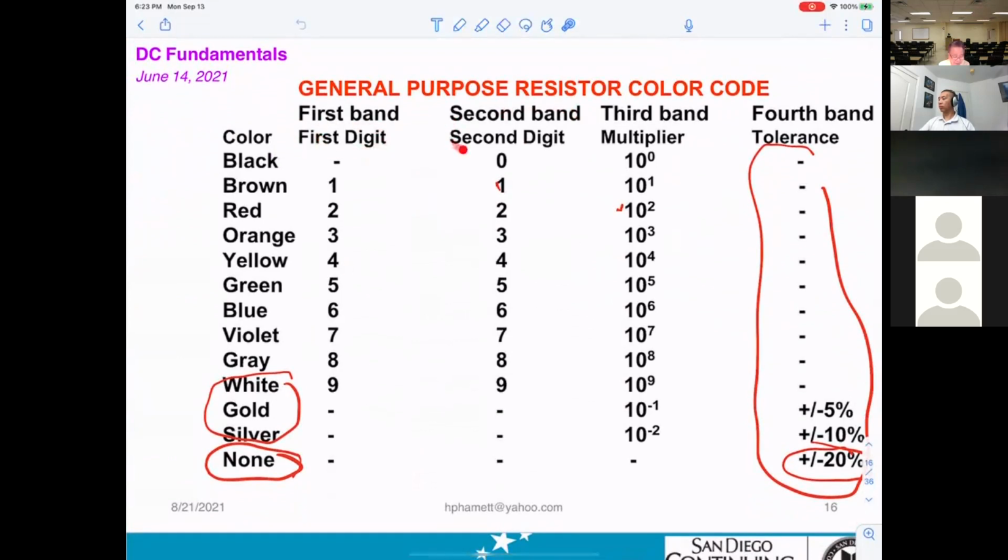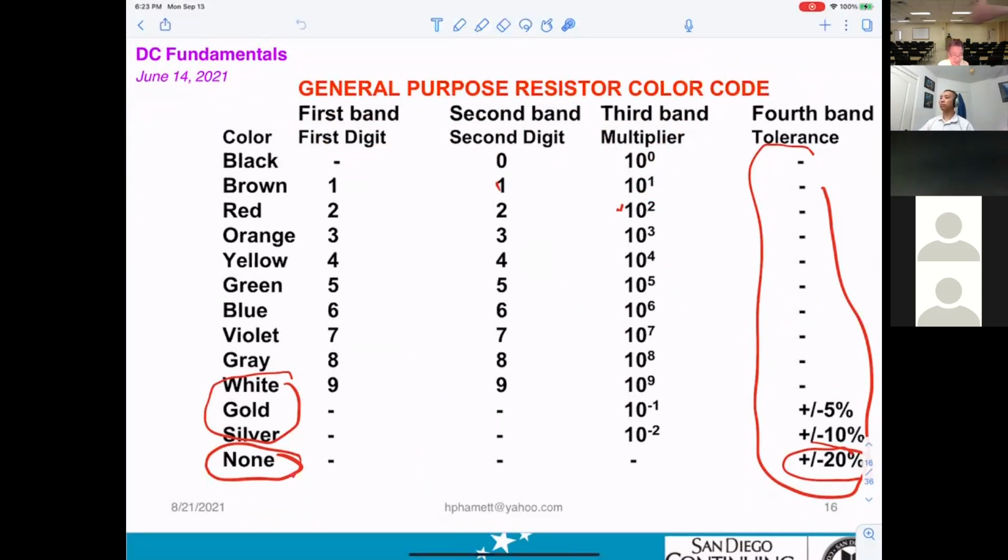digit, second digit, and the third band will be multiplied by what number? For example, multiply by 10 power of 0 means 1. 10 power of 1 means multiply by 10. 2 by 100 and so on.